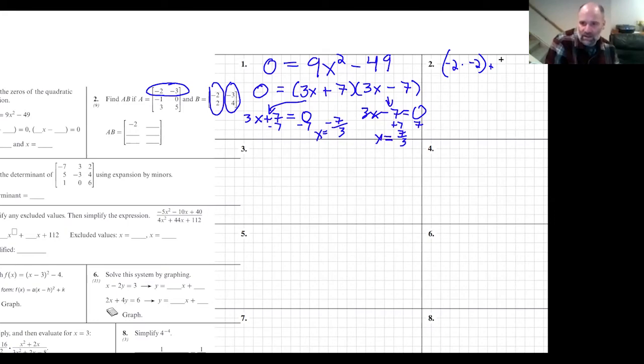Oh, I can't talk. Negative 3 times 2. So that's what goes in the first row, first column. So that's 4 plus negative 6. And they give that first one to you. That was nice of them. That equals negative 2. All right, so that's a negative 2 there.